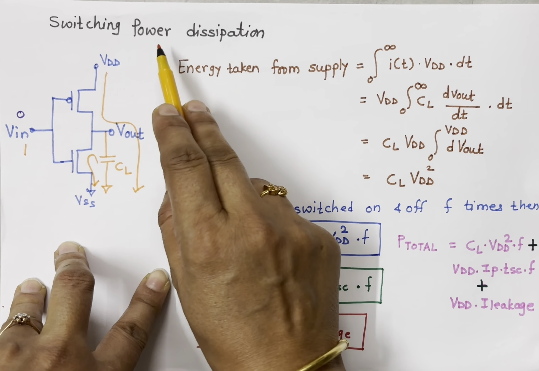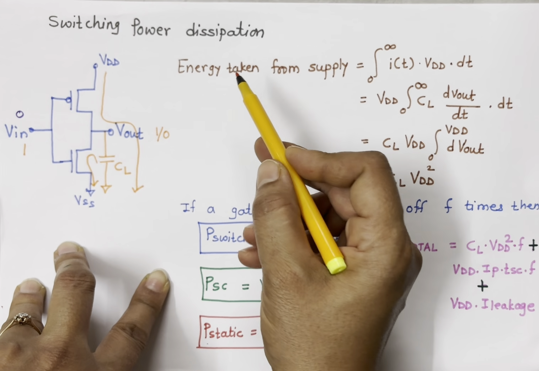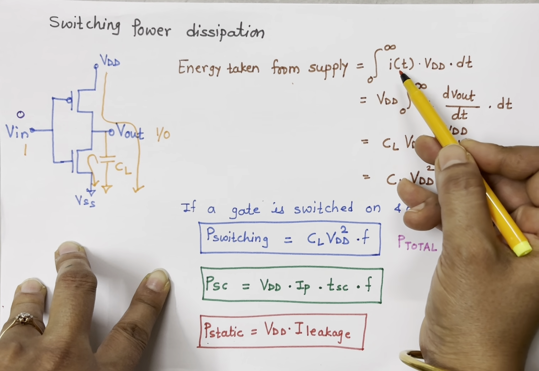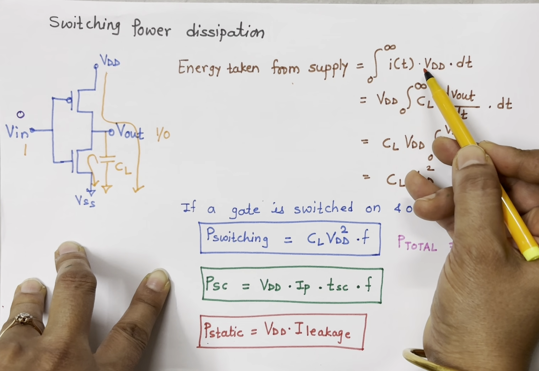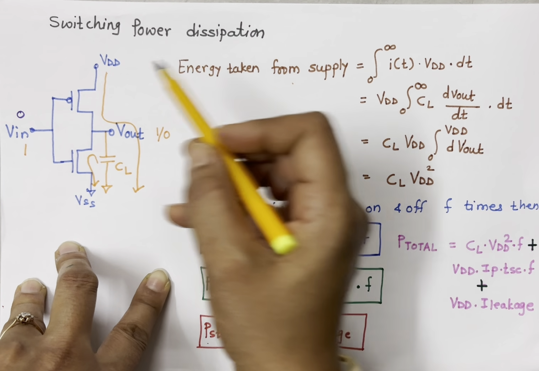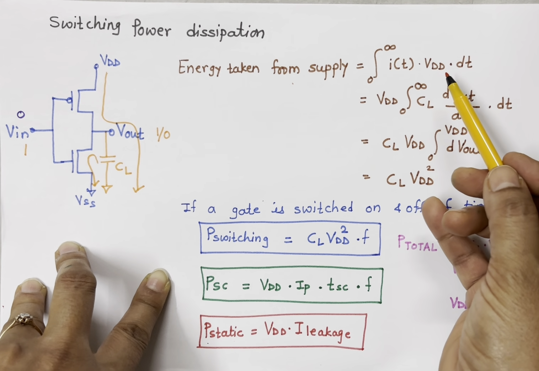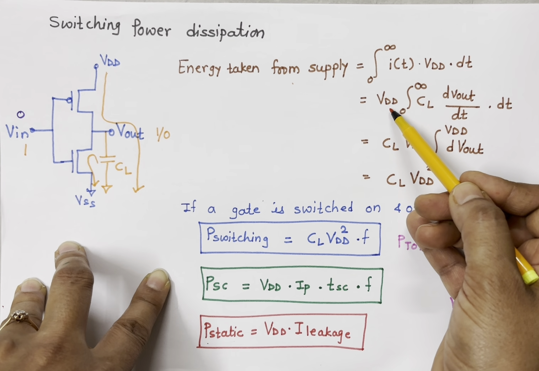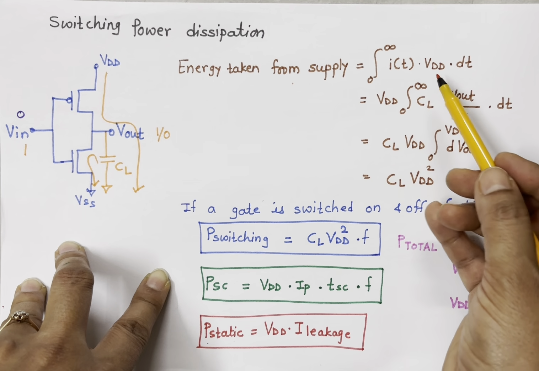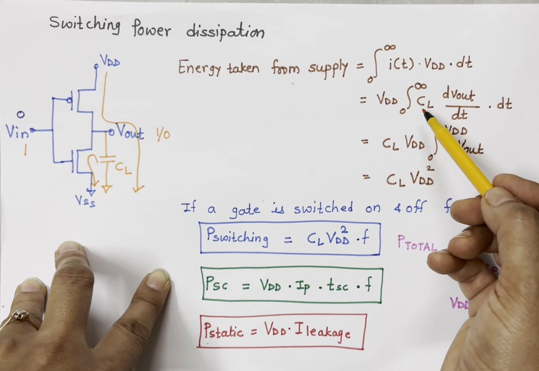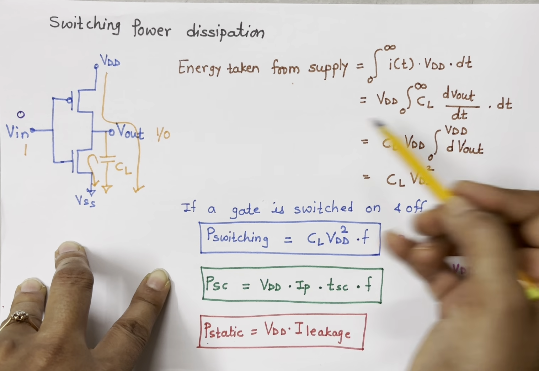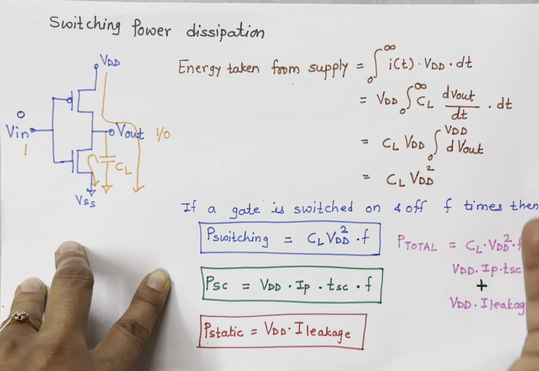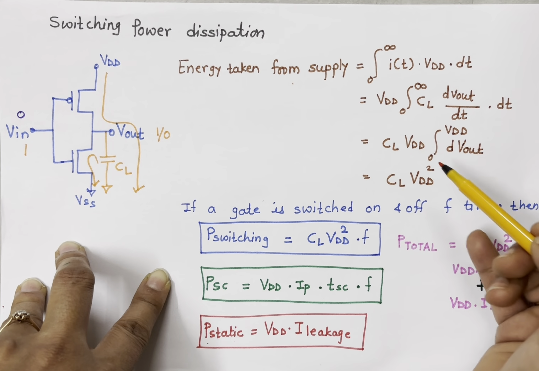So here the equation for switching power dissipation: energy taken from supply is integral from 0 to infinity of iT into VDD. VDD is supply voltage. Here VDD is a fixed, constant voltage we apply. So this is VDD into integral 0 to infinity, and iT we can write as CL, load capacitance, into dVout divided by dt, into dt. dt will get cancelled.